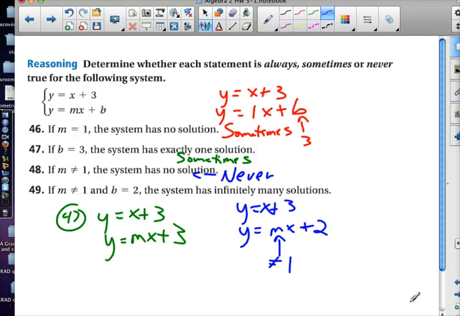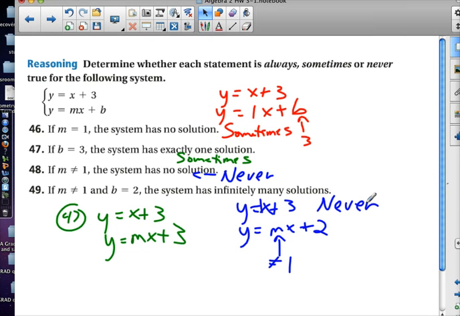It already can't be the same line because they told us that the slope cannot equal 1. So if the slope can't equal 1, there's no way that these are going to be the same lines because the first equation that we have has a slope of 1. So this can never happen. It can never happen. All right, I think that should take care of the pieces that were troubling you from section 3.1.